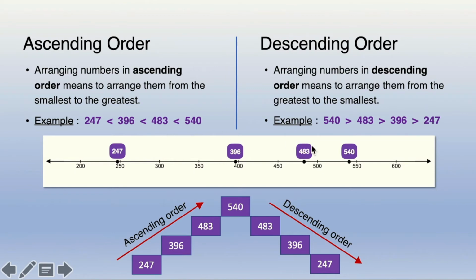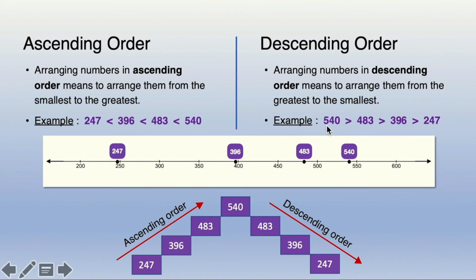But less than the remaining number. And the last number in the ascending order is the number which has the greatest value from among all these four numbers. So this is the ascending order of the four numbers, the order in which the values of the numbers are increasing.